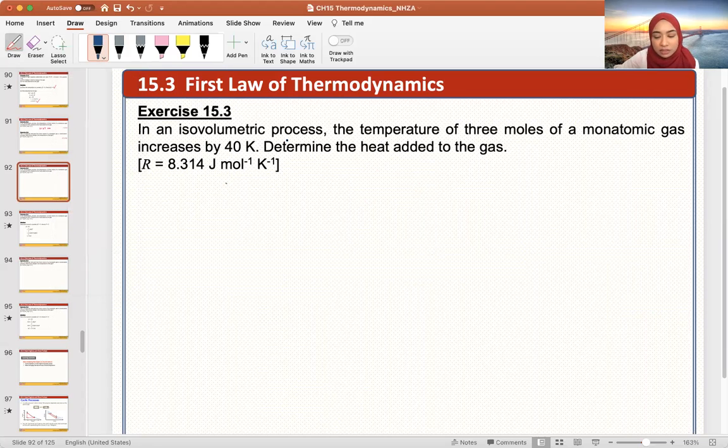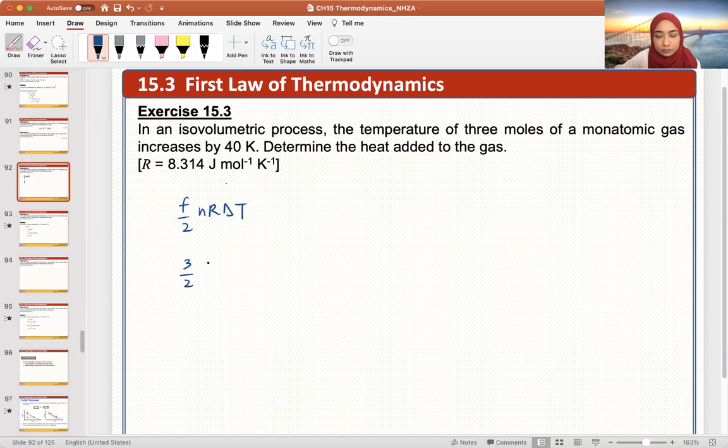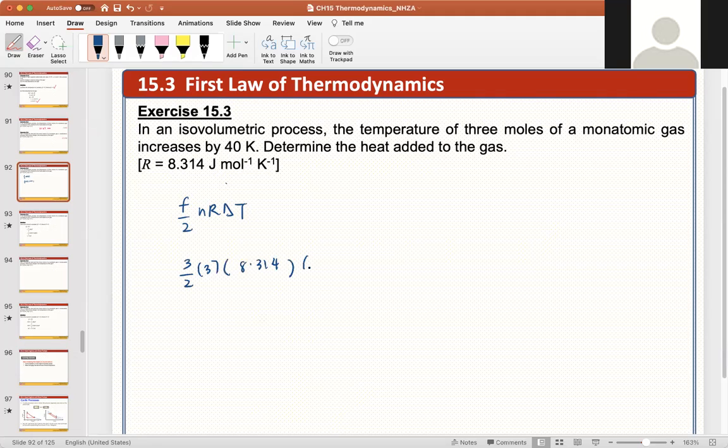So isovolumetric, F over 2 NR delta T. Lepas tu masukkan dia punya 3/2, 8.314, 40.